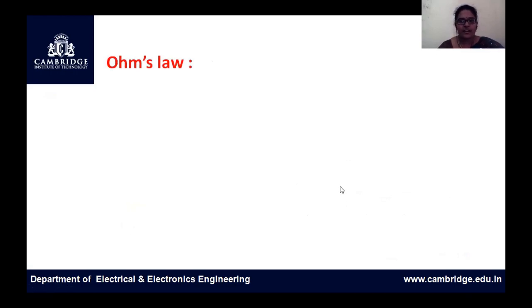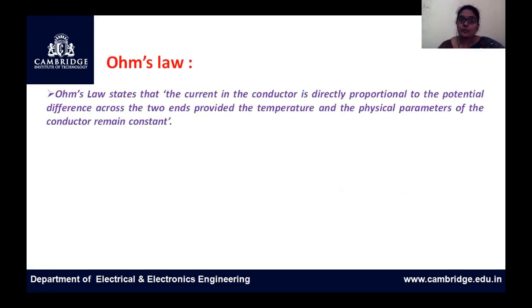Next, coming to Ohm's law. What does Ohm's law state? Ohm's law states that the current in the conductor is directly proportional to the potential difference across the two ends, provided the temperature and the physical parameters of the conductor remain constant.